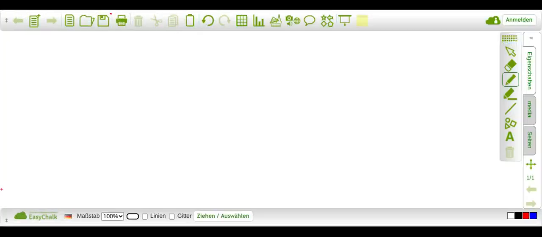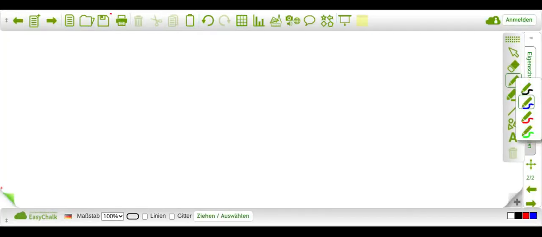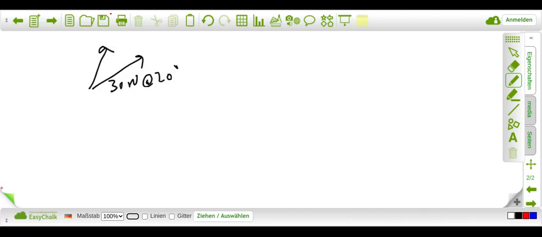Let's just say I give you two vectors. So the vectors I'm going to give you today would be 30 newtons at 20 degrees and 50 newtons at, let's make it 60 degrees. And we want to do first the dot product on it.